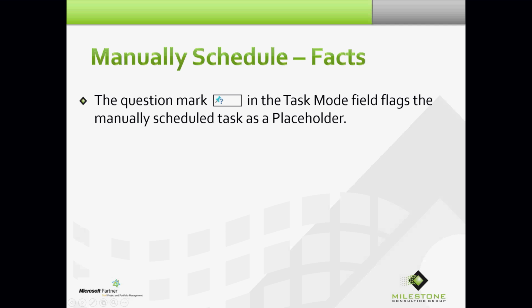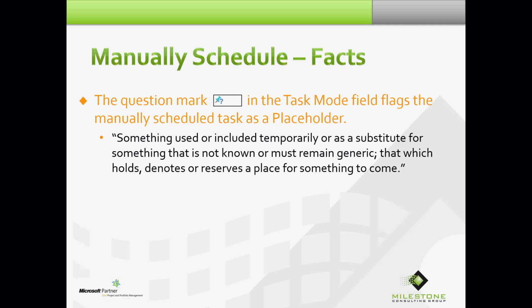So what I did for this presentation is I went out to the dictionary and looked up the word placeholder, and I thought I would take a definition right out of the dictionary. Something used or included temporarily or as a substitute for something that is not known or must remain generic, that which holds, denotes, or reserves a place for something to come.